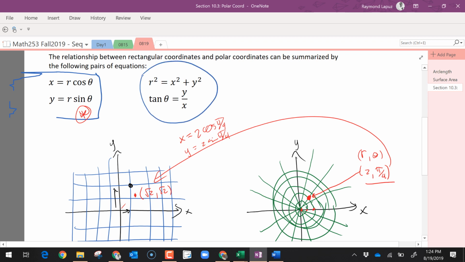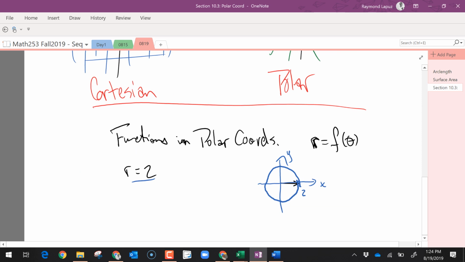So we can replace r with the square root of x squared plus y squared is equal to 2. And because the square root looks a little clumsy, let's just square both sides, and then you have an equation of a circle of radius 2.